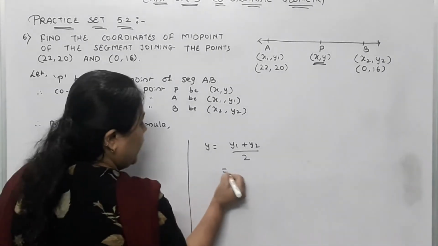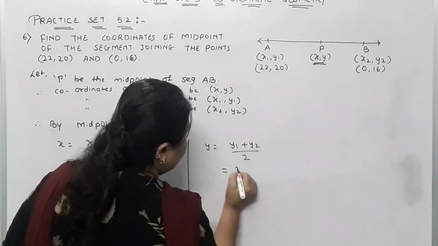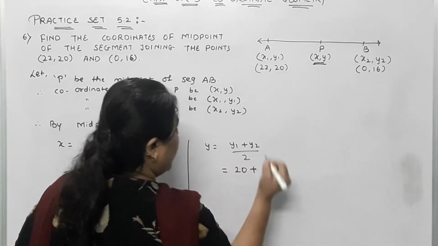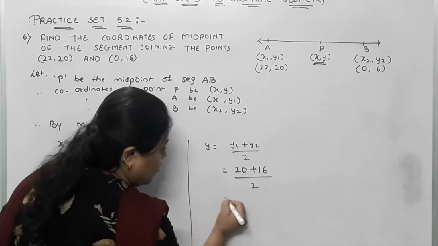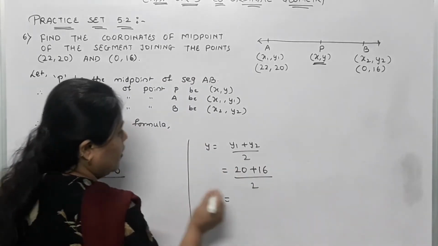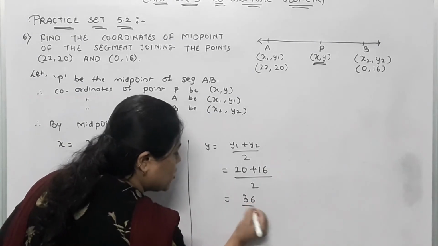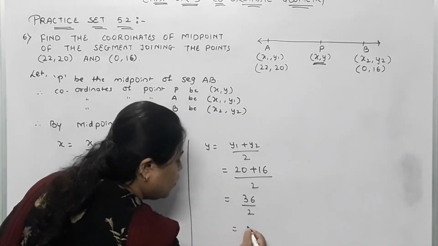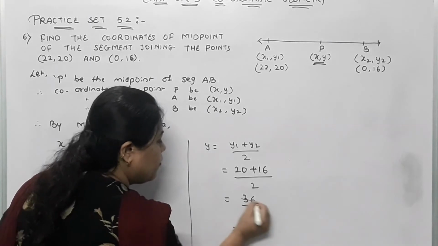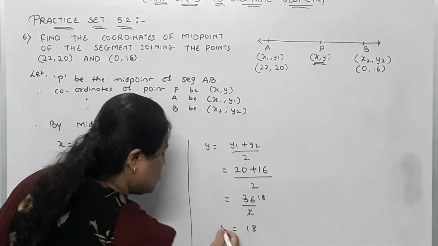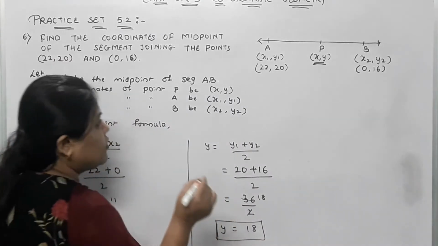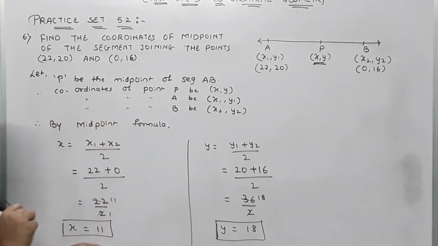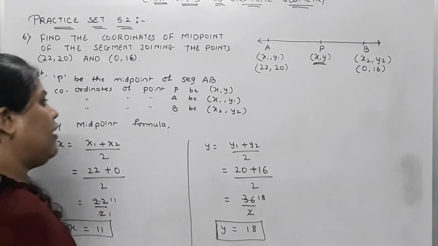Now for y, y1 is 20 and y2 is 16 divided by 2. 20 plus 16 is 36 divided by 2. 2 ones are 2, 2 eights are 16. So y equals to 18. So the coordinates of point P are 11 and 18. That will be the final answer.